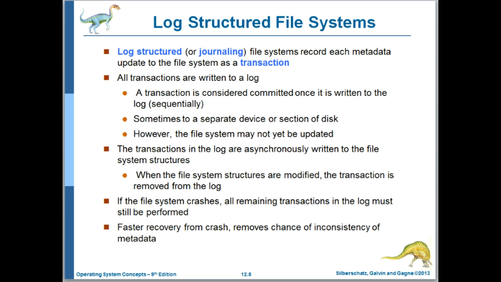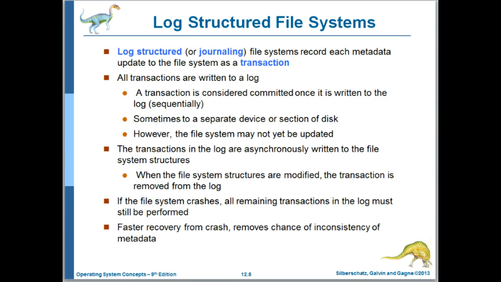So journaling is a technique borrowed from database management systems where it's been used for a fairly long time in order to maintain the integrity of databases, and the information that gets logged to the journal may just be the file system metadata. That appears to be common.